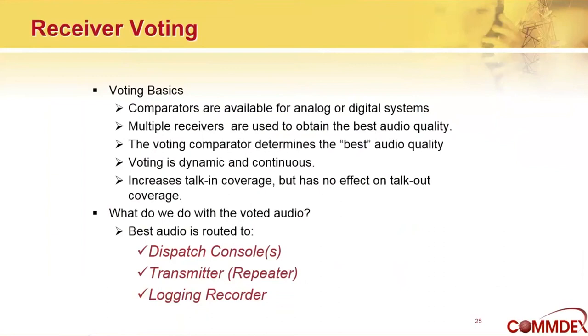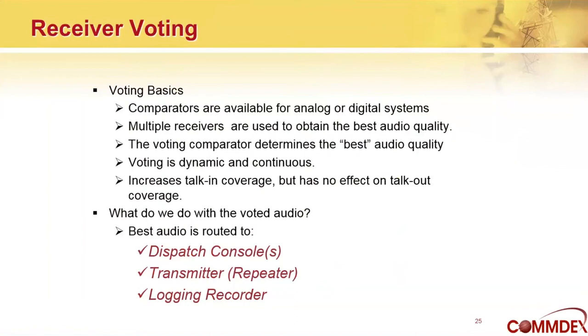So you'll have multiple receivers. You'll try to select one with the best audio quality, and there's different ways to do that depending on whether it's analog or digital. The process will be dynamic and continuous. Its effect is on the talk in or receive side.